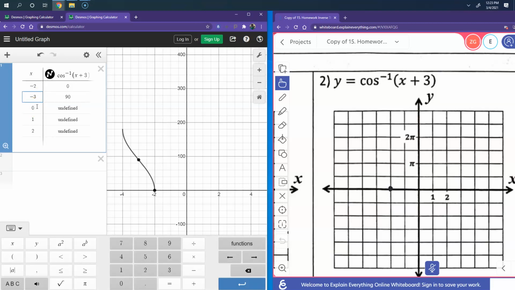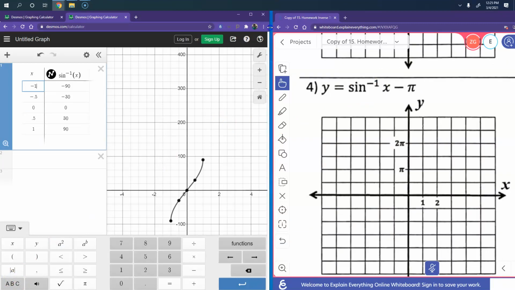So it's -1, -2, -3 is 90. So this is 90 right here. So at -4 it's 180. -4 is at 180. So you see the picture. It's going to look just like this. And so we notice that that +3 is going to shift the inverse cosine function to the left.